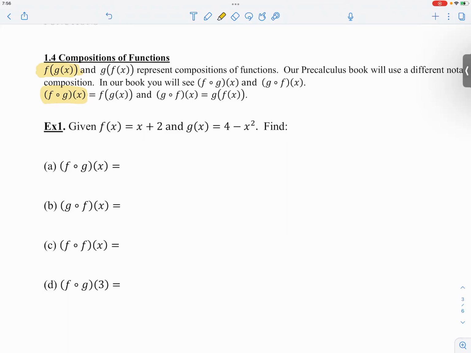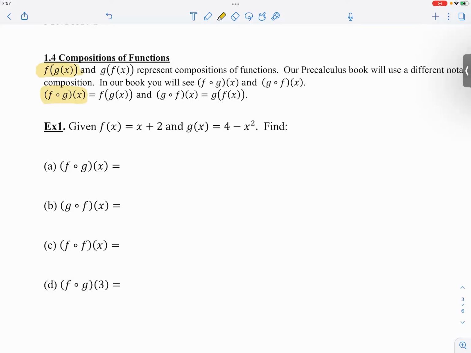Now, for me, I personally like the top one more. The reason is, I remember the moment I learned this in pre-calc, my struggle was that I have no idea what this little circle means.